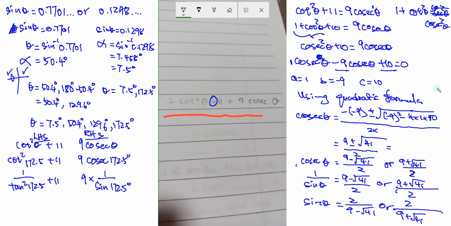You get about 68.7 on the left hand side. What about 9 divided by sine 172.5?